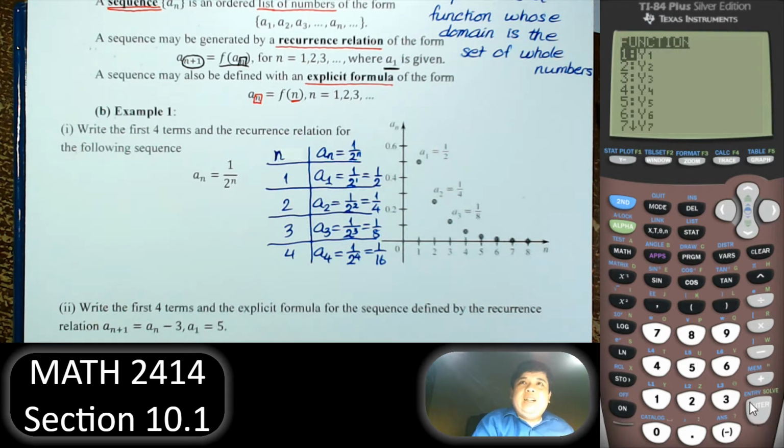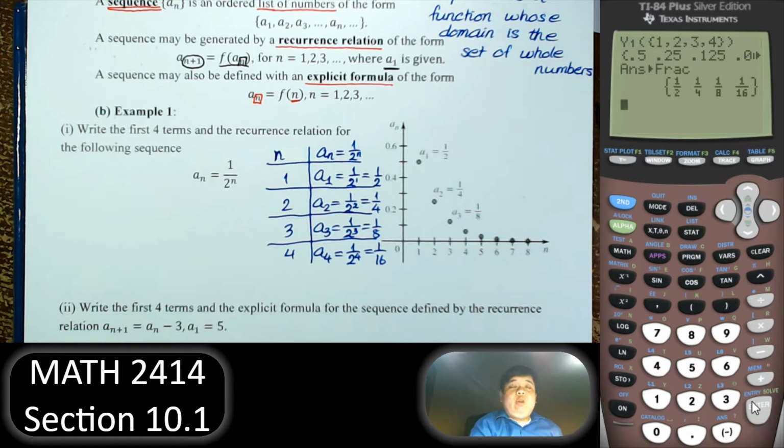We just apply the function to the first 4 terms, 1, 2, 3, and 4. And here we can convert them to fractions, and it's no big deal. The problem is rather simple.